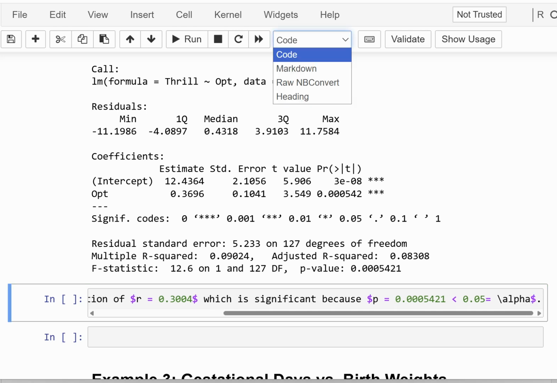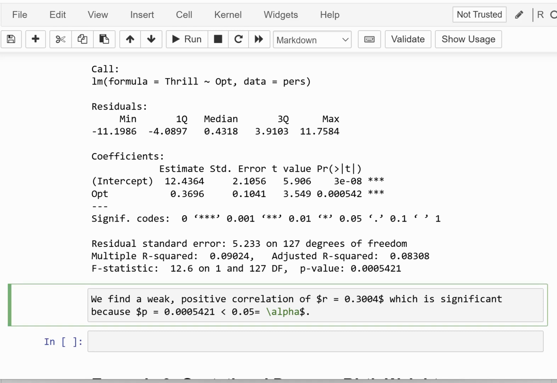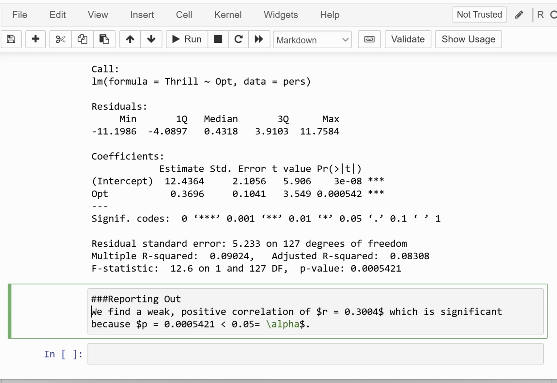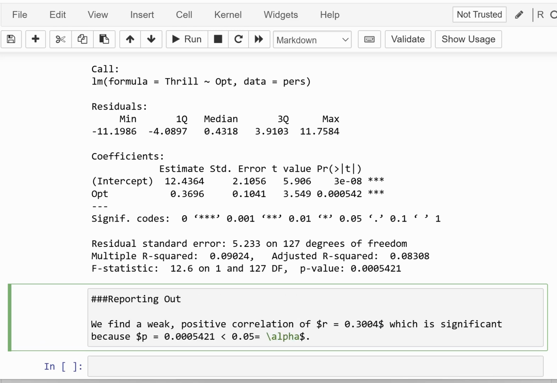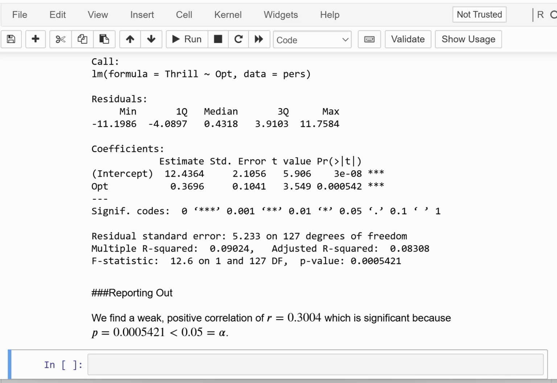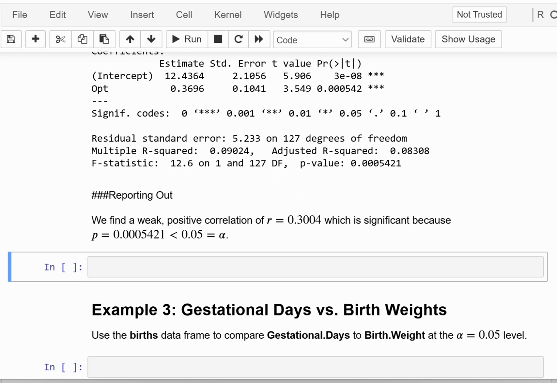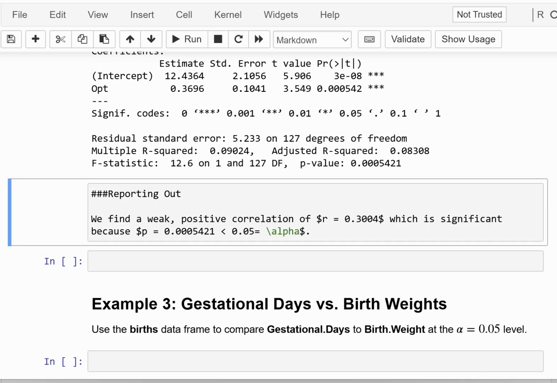Okay, put that in Markdown. And this is our reporting out. Sorry, I should have mentioned that. So our reporting out: we find a weak positive correlation of R equals 0.3, which is significant because of the p-value, which indicated rejecting the null.